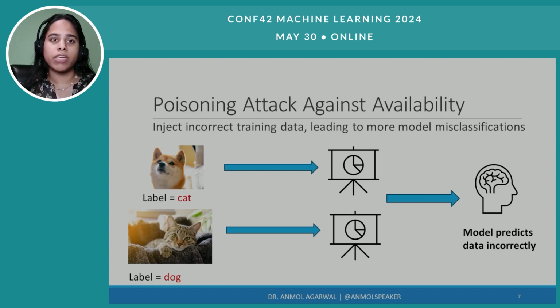Obviously, if I give this information to the machine learning model, then it's going to learn incorrect information. And because of that, the model will predict data incorrectly. So you see the cat is actually mislabeled as a dog. Then the model might say that all cats are dogs and all dogs are cats, which is incorrect.